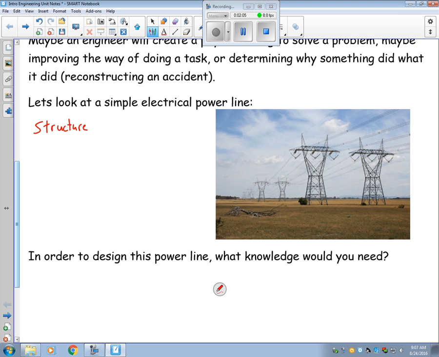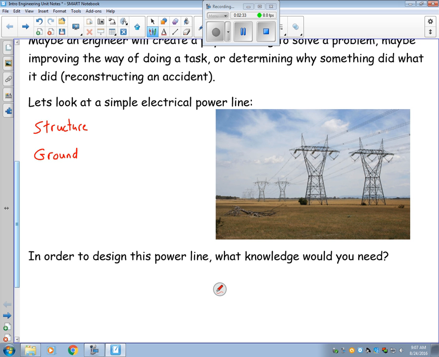So there's a lot that we can look at with the structure. Something else, the ground itself. How do we prepare the ground to support that structure? How do we ensure that the ground is safe to support everything? So there's just a couple of things we can look at with an electrical power line.